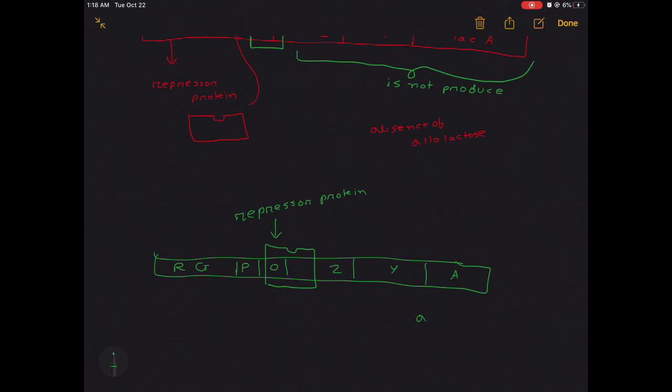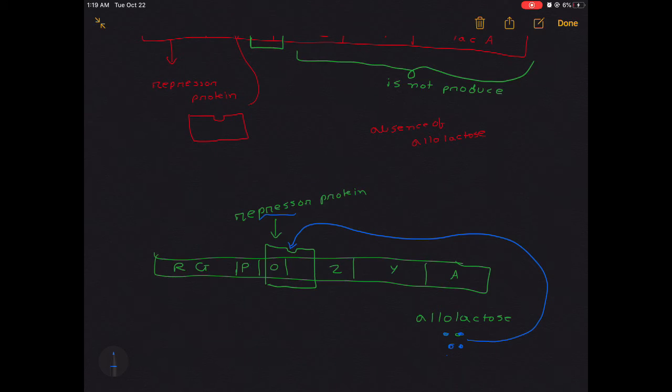Now, when allolactose is present, this will go on and bind to a binding site in a repressor protein.